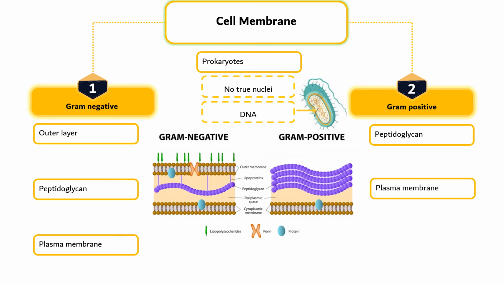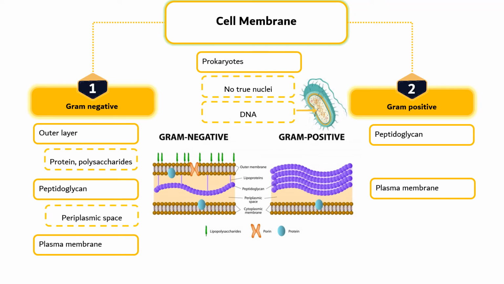The outer layer, about 8 nanometers thick, consists of a polymer containing both protein and lipopolysaccharides. The second, thinner layer of peptidoglycan exists in one form or another in virtually all species. Below this second layer is a gap called the periplasmic space, which is also 8 nanometers thick. Enzymes are often located in this gap.